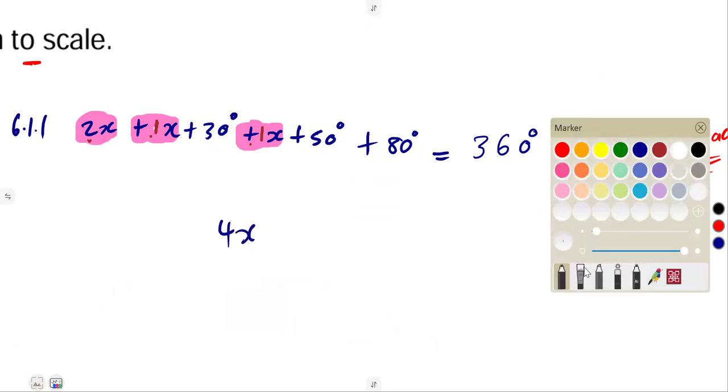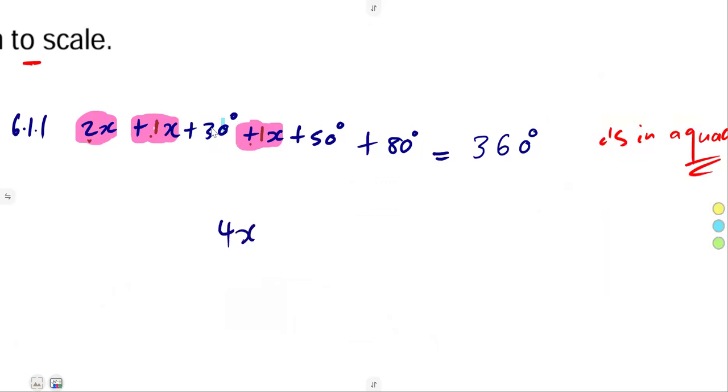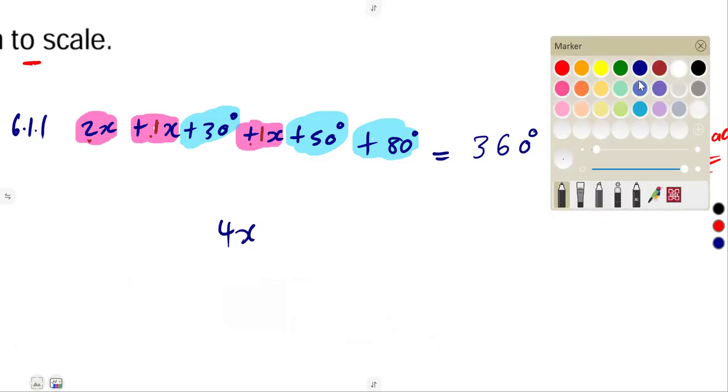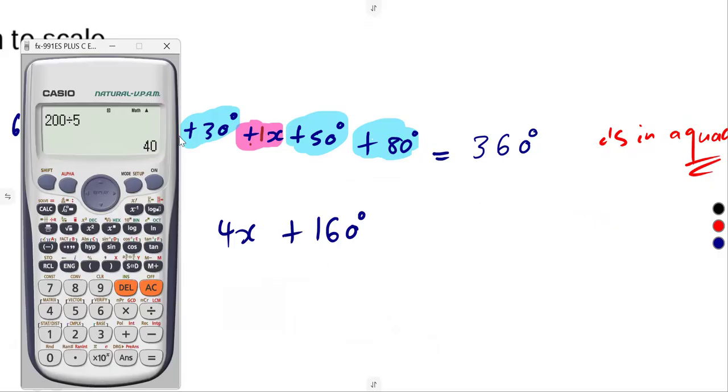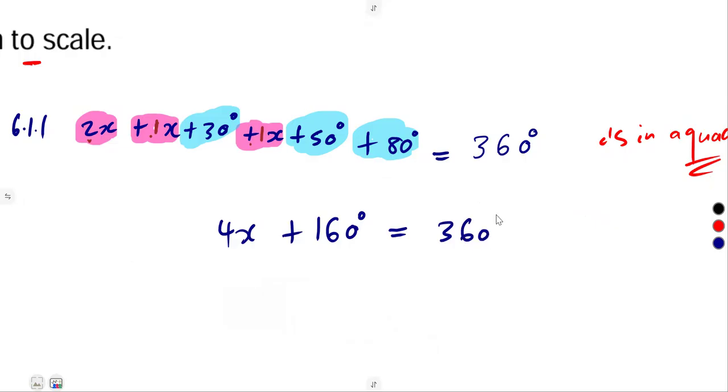Then we have the numbers that remain: 30 plus 50 plus 80 gives us 160 degrees. So 4x plus 160 is equal to 360 degrees.